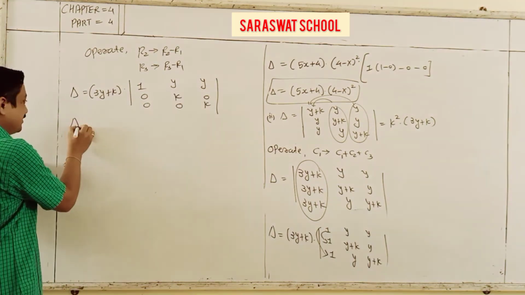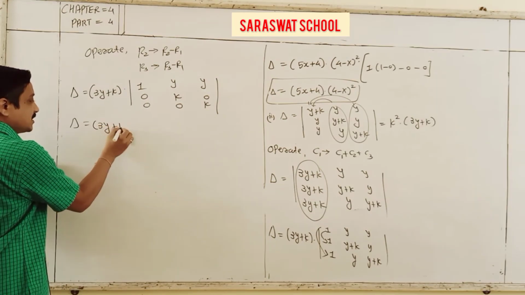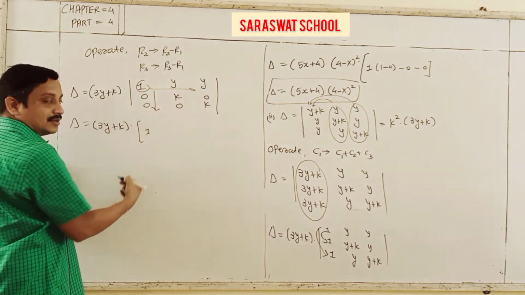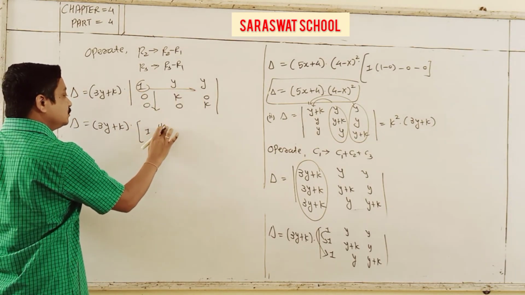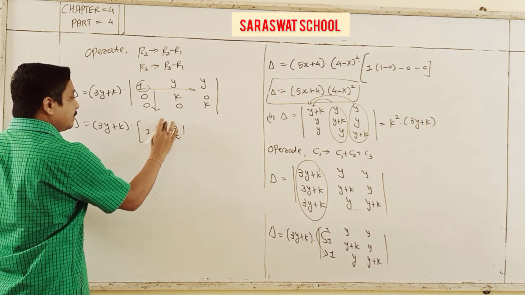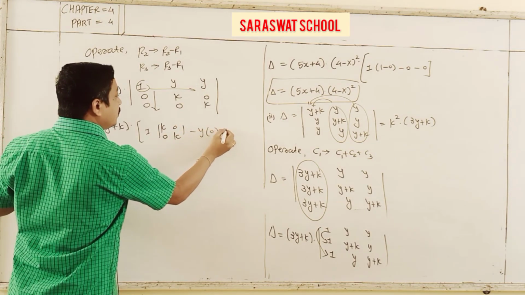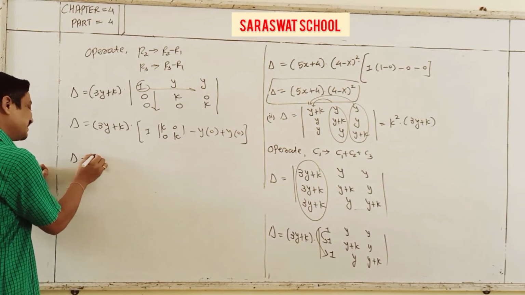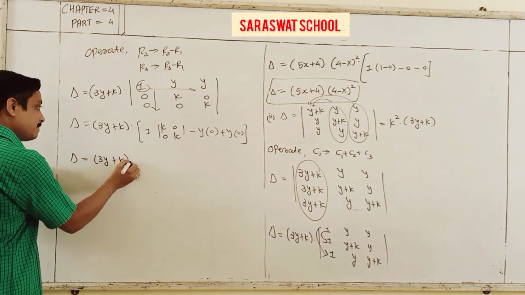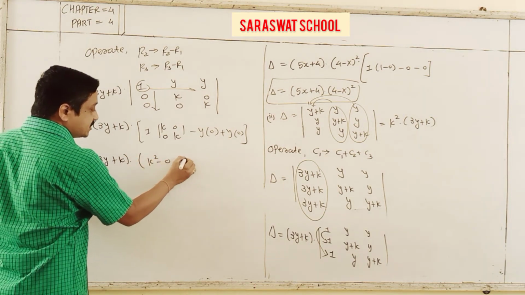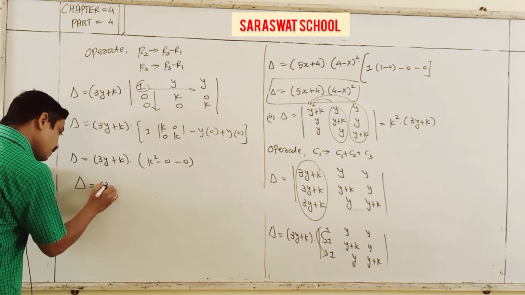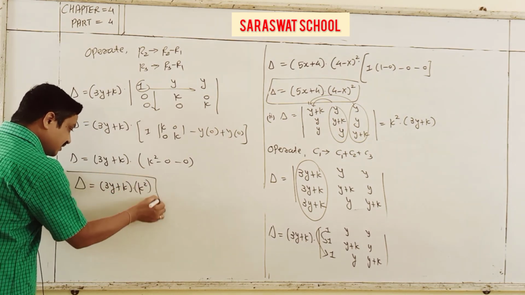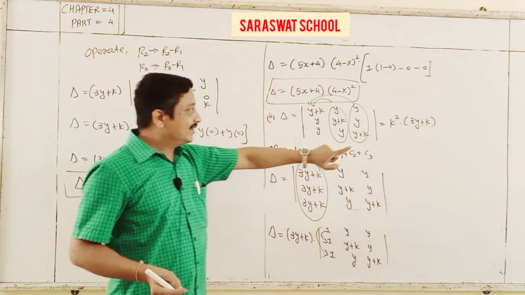So go to definitions, 3y plus k, others are this one, so that is your k 0 0 k. Next is y with 0, and again y with 0. Finally the answer is coming, 3y plus k, k square minus 0 minus 0. So finalize the sum, 3y plus k square, and check. That's your final answer here.